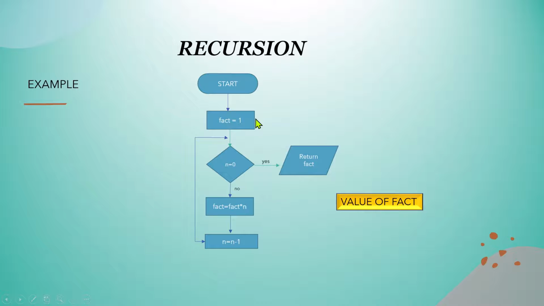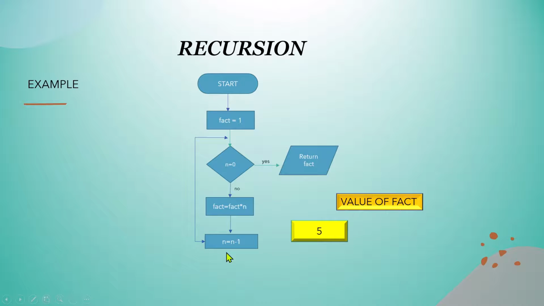to 1. This is a decision box. We check if the number that we want to find the factorial for is equal to 0. Remember, we are starting with the number 5. So the first time it's equal to 5, which is not equal to 0. And then we have fact equal to fact multiplied by n, which will give us the value 5.